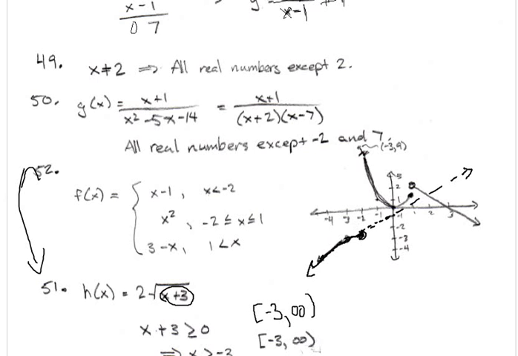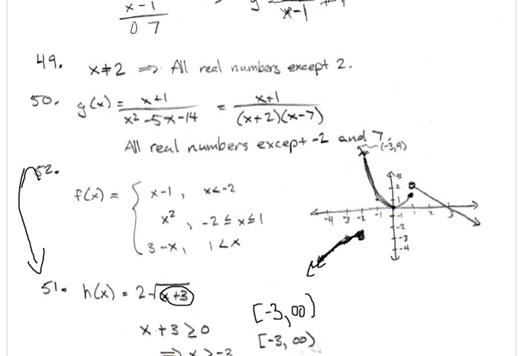So I'm incorrect right there. It should look like the linear function, and it should start right here. But we only want to plot up to that point of x equal to negative 2.